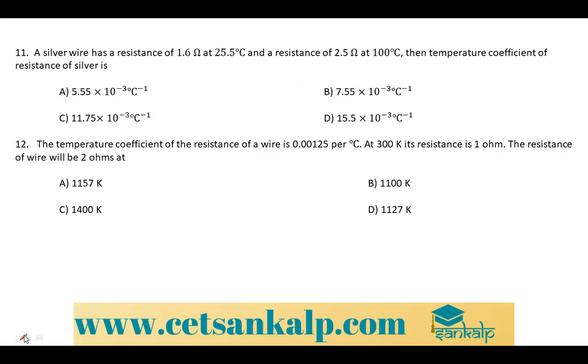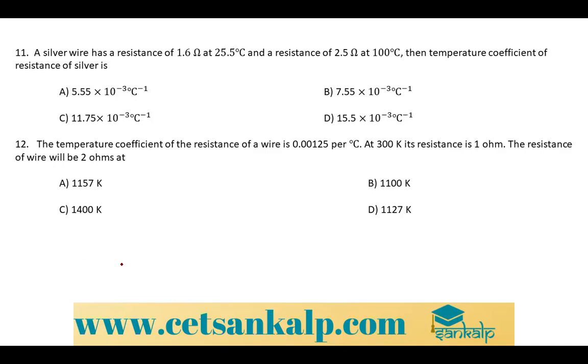Okay. Next, the 12th problem. We are going to see the 12th problem. The temperature coefficient of resistance of the wire is 0.00125 per degree Celsius. At 0 Kelvin, its resistance is 1 ohm.